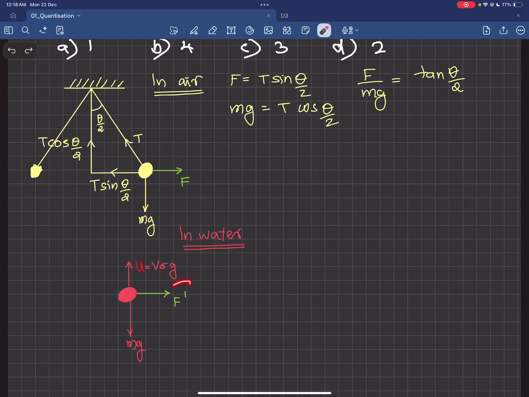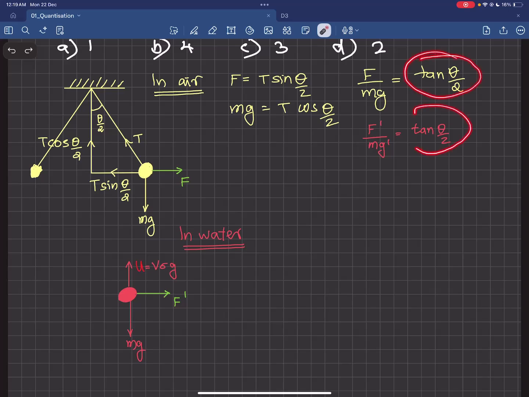And now the repulsive force between the two becomes F dash. Since the angle stays the same underwater also, the equation remains the same with only one difference. In place of F, now it is F dash, the force between the two steel balls underwater, and mg dash, which is the apparent weight of the steel ball underwater.